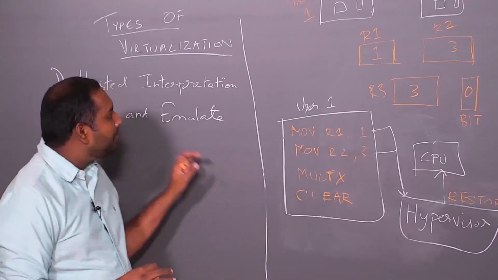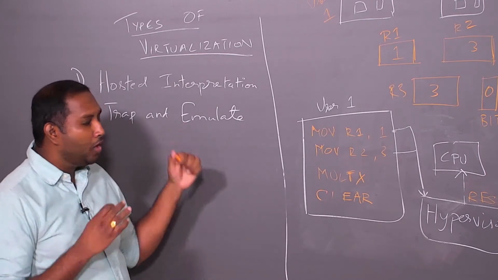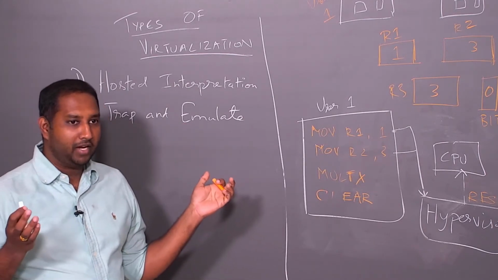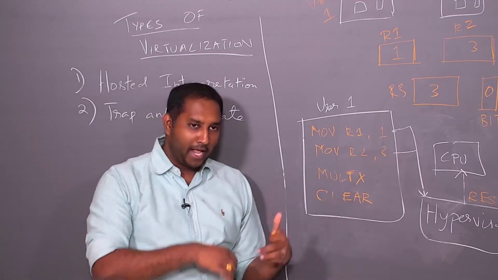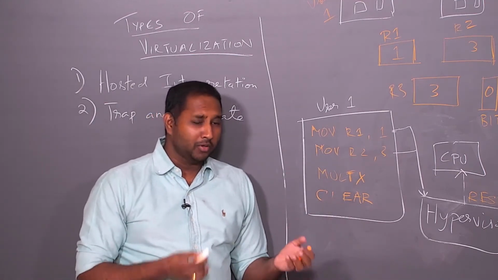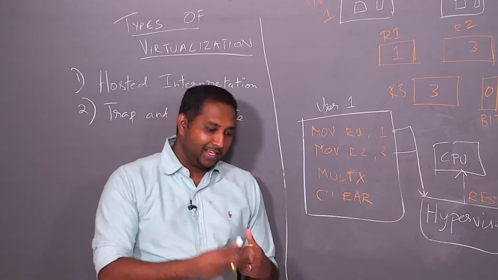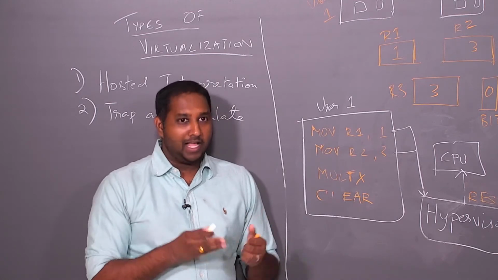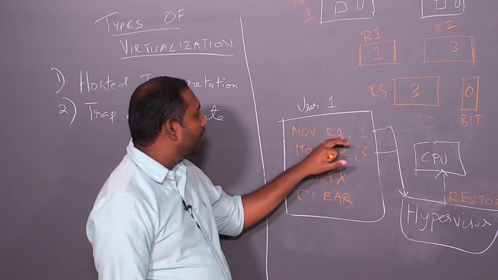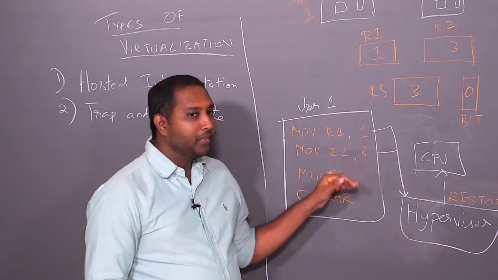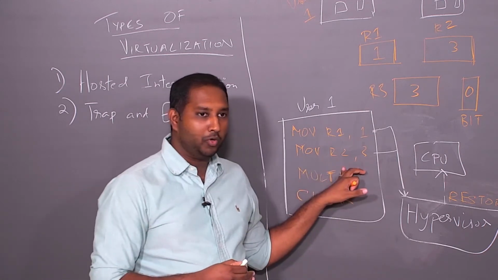Now the problem with hosted interpretation is that you are trapping on every instruction, and this is horribly slow, because instead of just letting the instruction run, you are trapping, considering what it's supposed to do, and then doing it. Now, if this was an instruction that could run directly on hardware and you didn't really have to do anything, for example, when you did move R1 to 1 and R2 to 3, you're not doing anything special here. The hardware already knows how to do this.